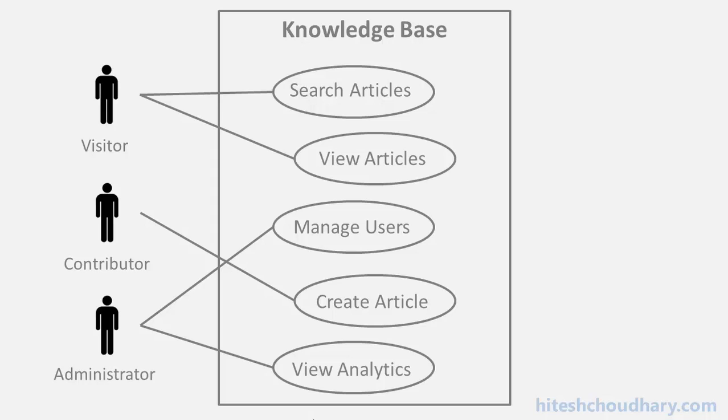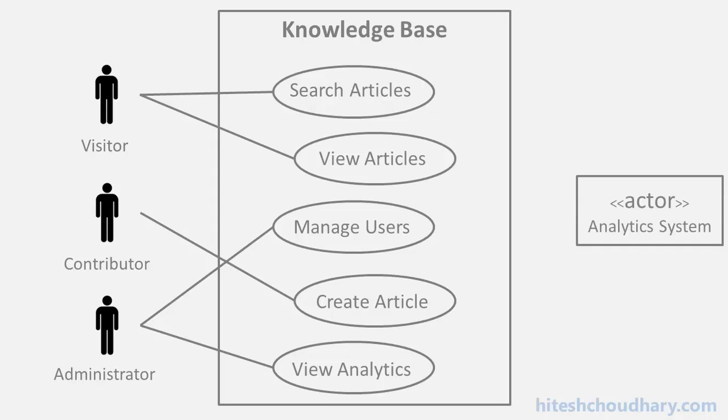I'm going to say that we are using a separate external computer system to store our article analytics data. So I'll represent the external system over here on the right. Now I could use another figure because it's an actor, but because it's not a human actor, I'll prefer to use a box. So in that box I'm going to write the word actor with these two angle quotes just to make it obvious.